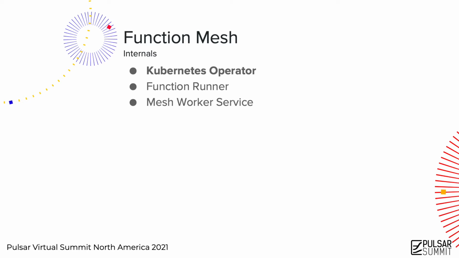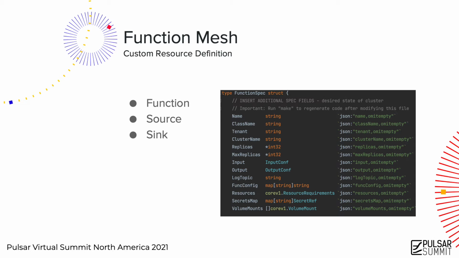In function mesh, we have three core components: the Kubernetes operator, function runner, and mesh worker service. I will first go through the Kubernetes operator. In function mesh, we use operator SDK to define several custom resource definitions to allow users to define functions, connectors, or mesh as custom resources in Kubernetes.